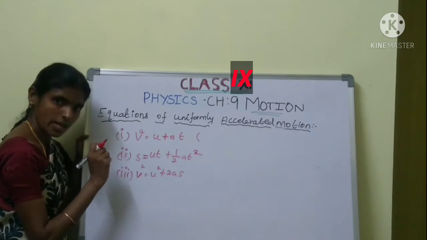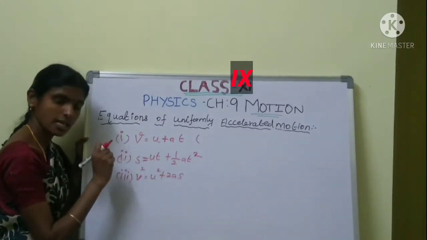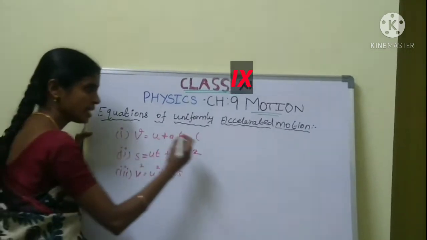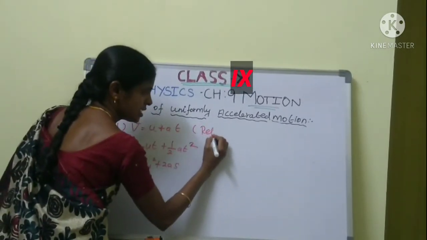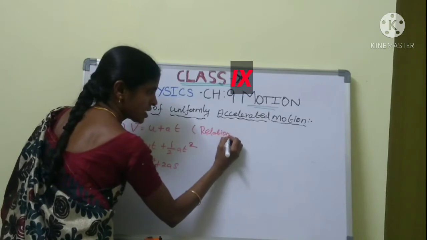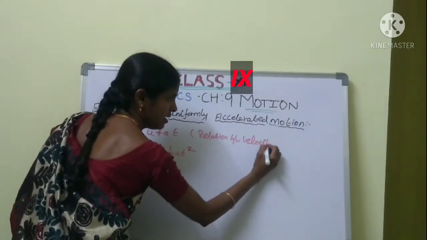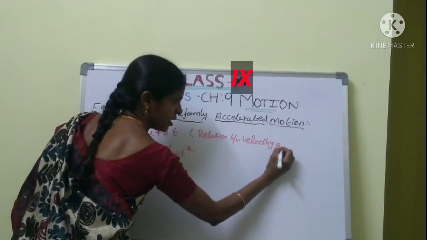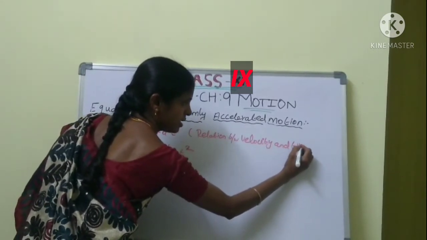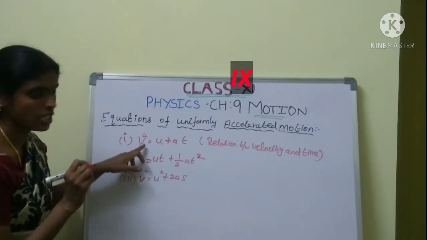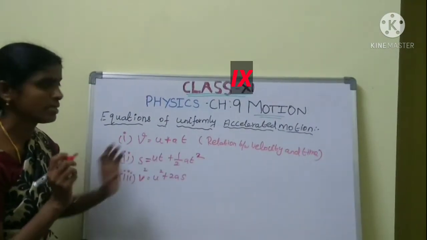So we conclude that the first equation is the relation between velocity and time.